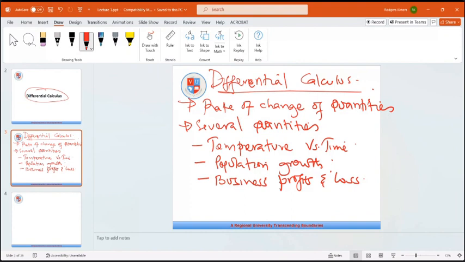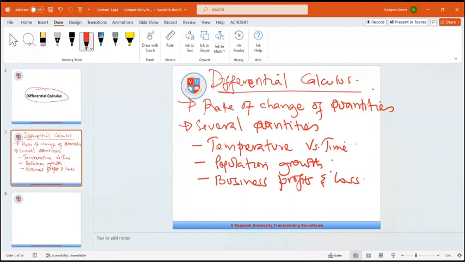If x is a variable representing time, that means as x changes, f(x) also changes.